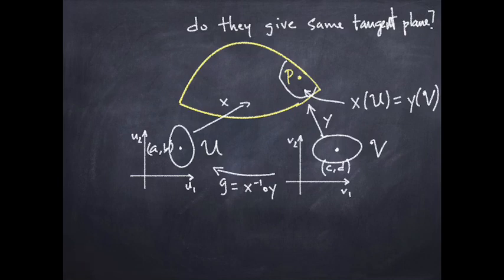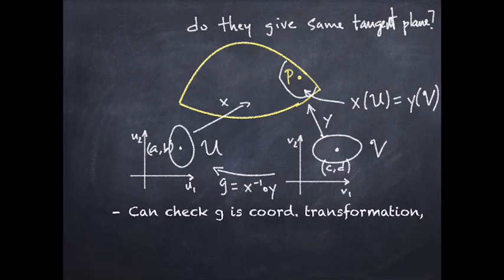Okay, and this function transitions from the domain of Y to the domain of X. Now, what's important for us is that g is going to be a differentiable function. Okay, with the kinds of surfaces we're going to work with, it'll actually be a coordinate transformation.